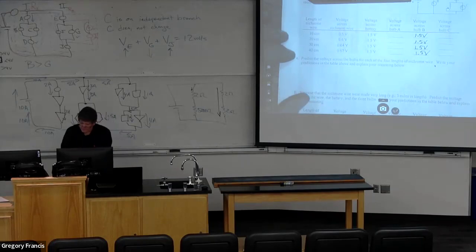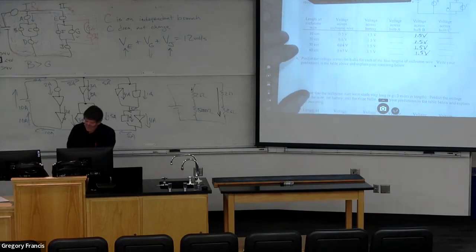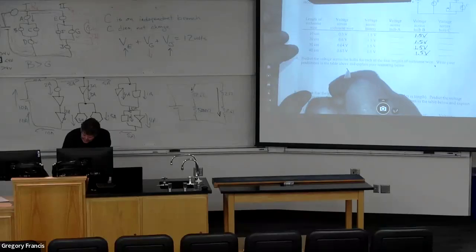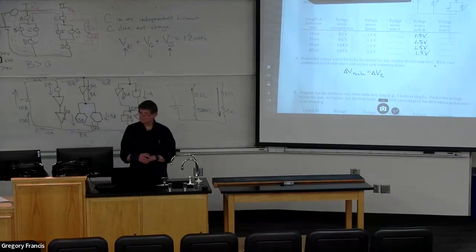Well, what else do I know? I know that the voltage across the nichrome is equal to the voltage across bulb C. And I say voltage, but I mean voltage difference. How do I know that? They're parallel.